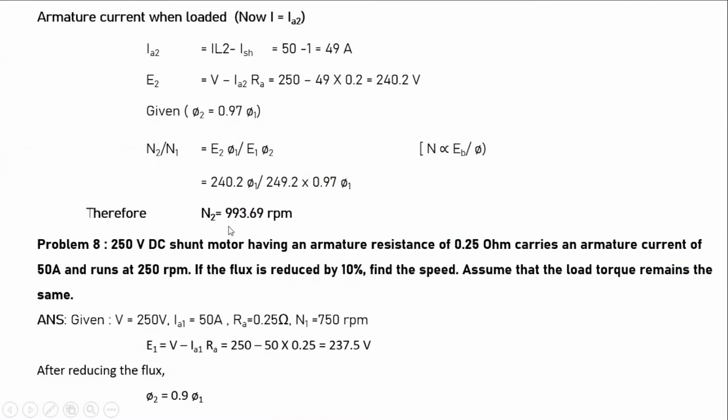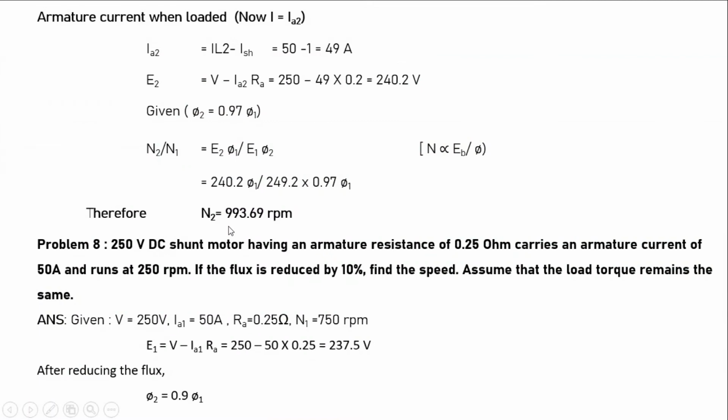Given once again, the armature reaction weakens the field by 3%. So the new value of flux, when taking a current of 50 amps, is 0.97 phi1. We have the formula N is directly proportional to EB by phi. So N1 is proportional to EB1 by phi1, N2 is proportional to EB2 by phi2.